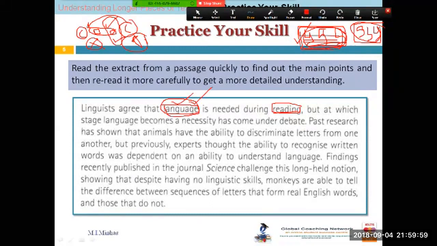This is the point where some think that you require language, but there are others who think that you may not even understand what these alphabets are, so you require to know the language even right from the beginning. So these are different views, that at what stage, at what point language becomes a necessity.